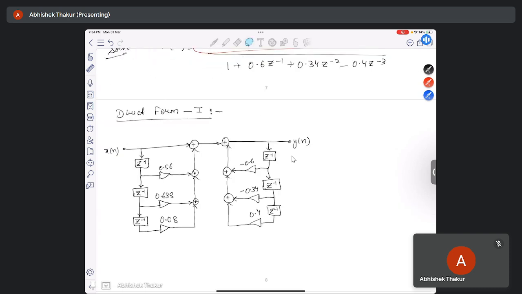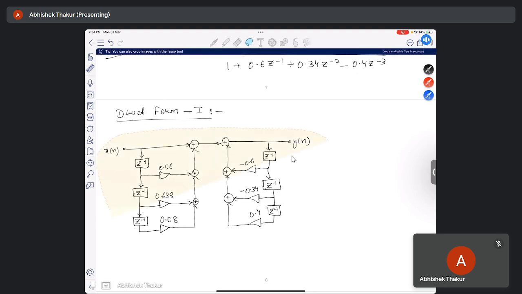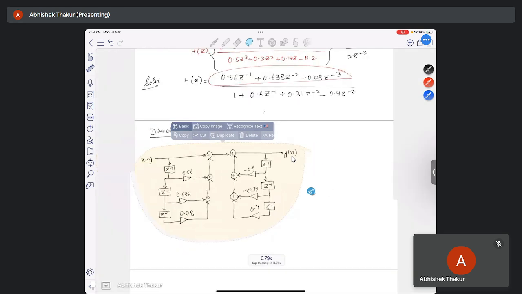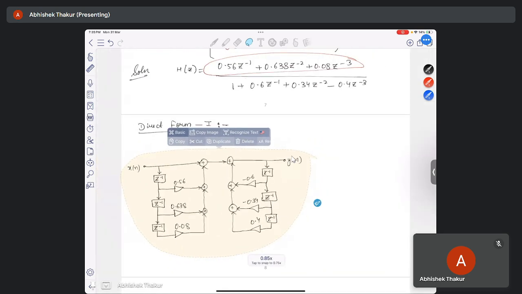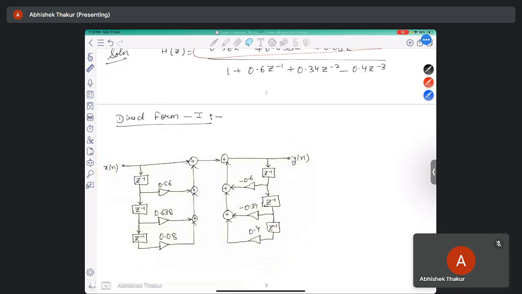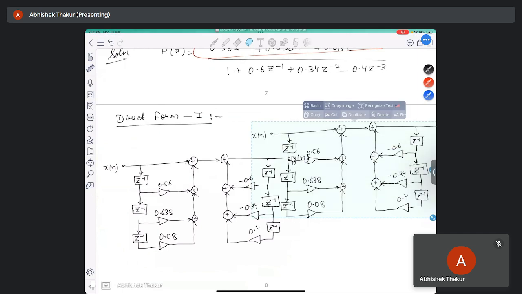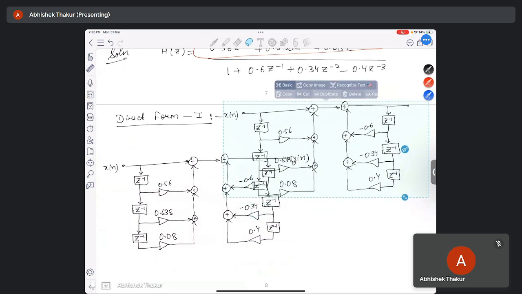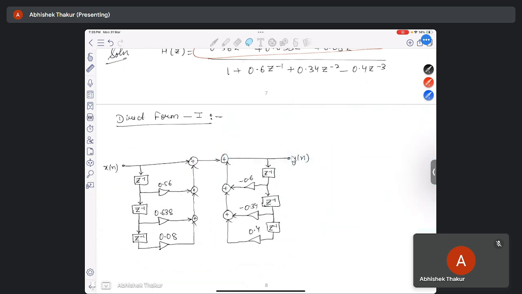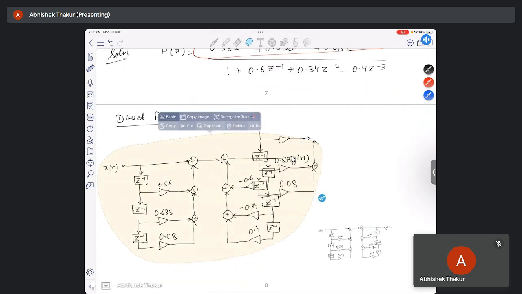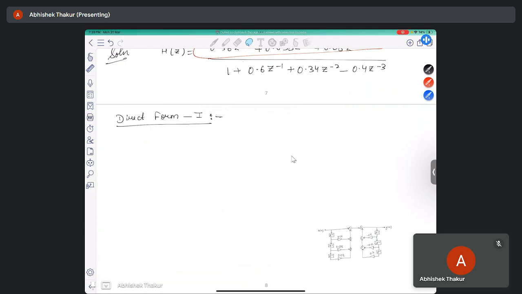So what we can do, we'll make it a little small so that we can make it again and this we will cut it out.